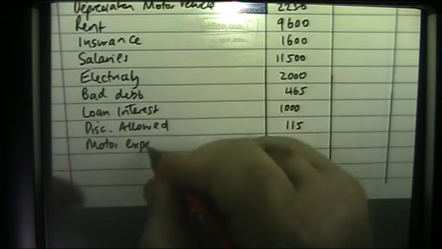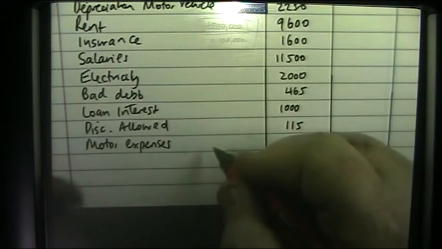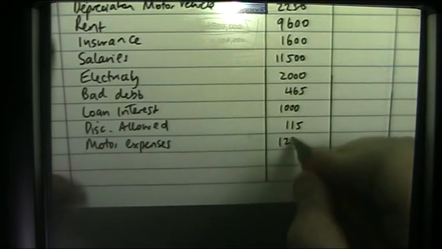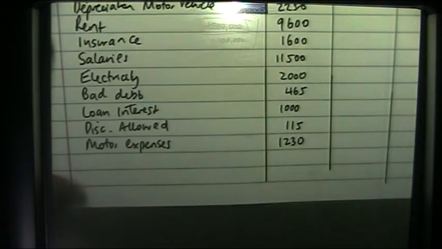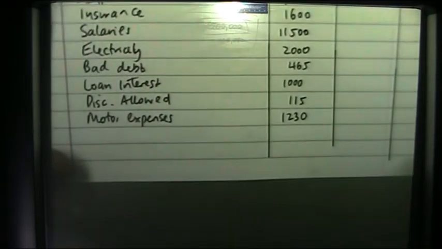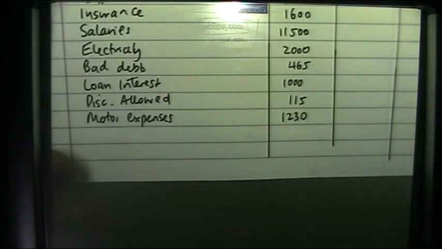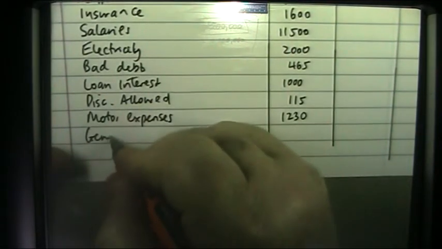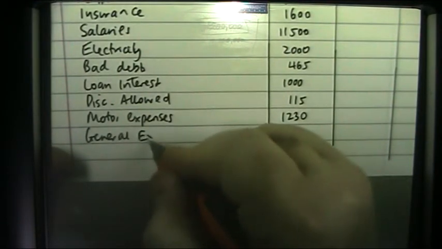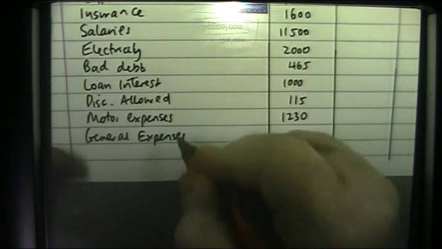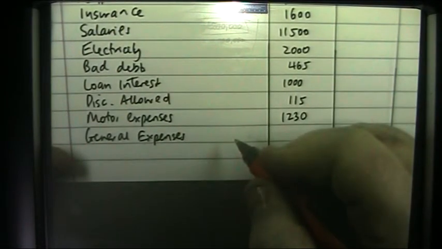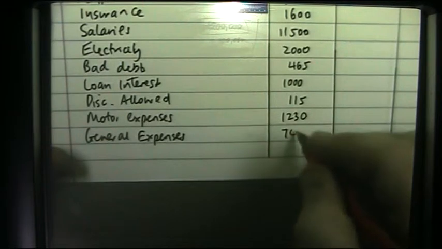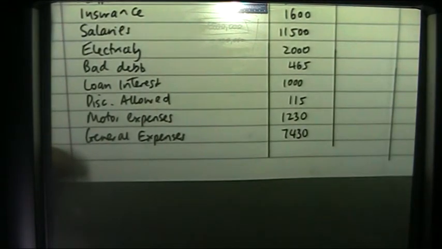I've got motor vehicle expenses, which are 1230. Let's keep going. What have I missed? Oh, general expenses, 7,430.